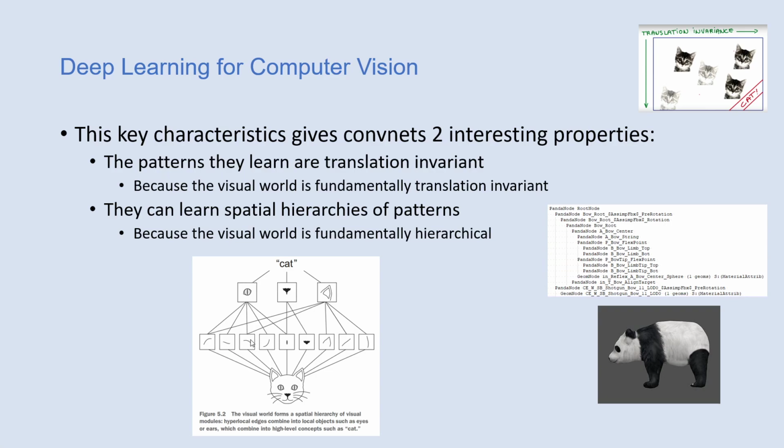And also, if you have a stack of layers, they increasingly detect more abstract patterns. Like in here, you can see that the first layers detect edges, textures, and then eventually you start detecting eyes, ears, and it is hierarchical. Translation invariance is important because, for example, if you want to detect a cat in an image, the cat can be anywhere in the image.